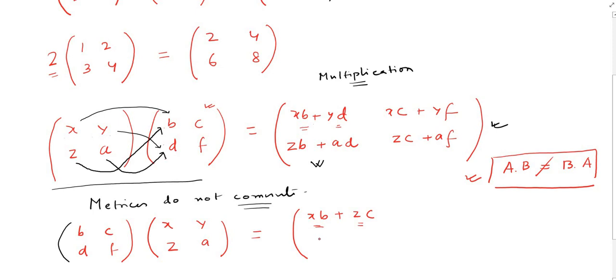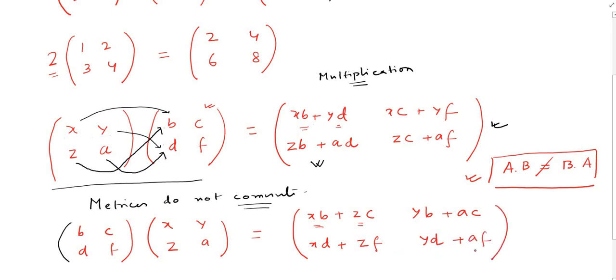Okay, so let me just complete this. So xb plus zc, and similarly if we calculate this one, this will be yb plus ac, and this will be xd plus zf, and this will be yd plus af.